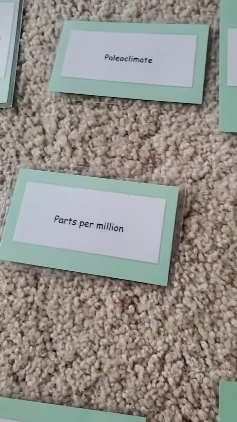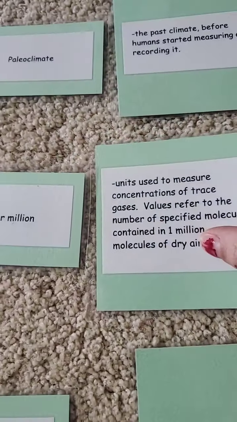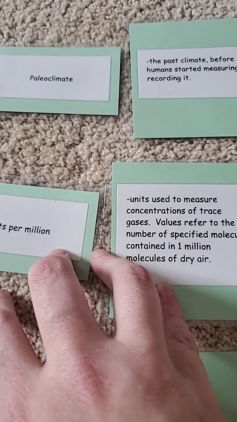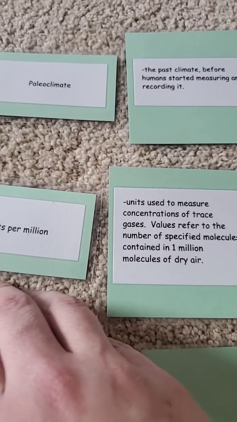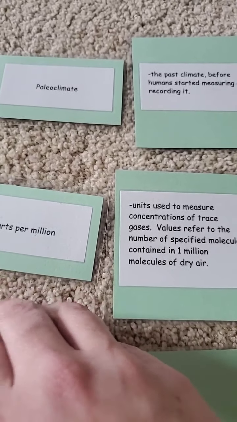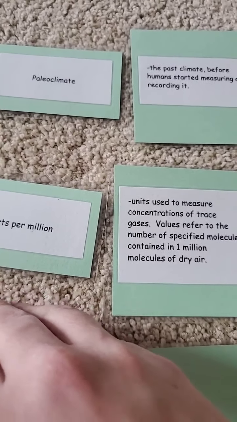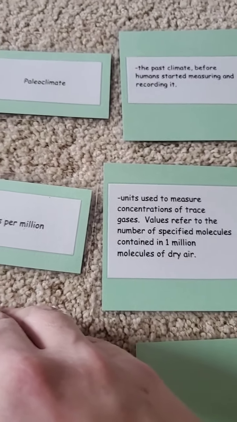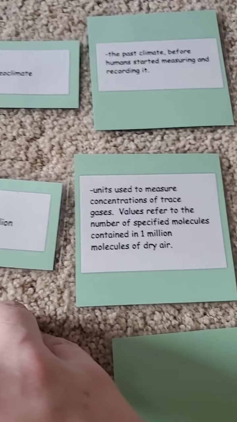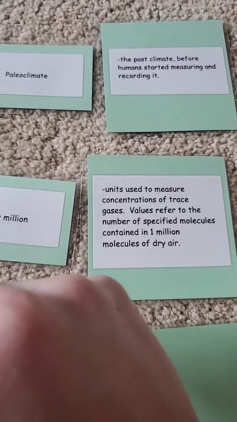Parts per million, ppm, right? Now, this is a unit used to measure concentrations of trace gases. Values refer to the number of specific molecules contained in 1 million molecules of dry air.